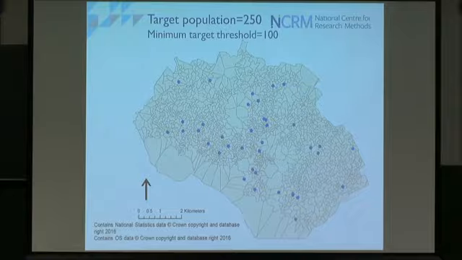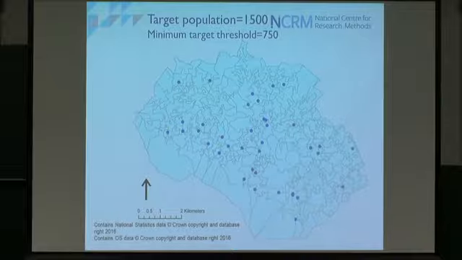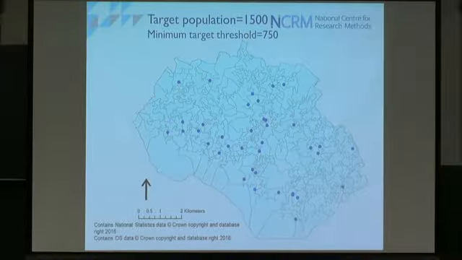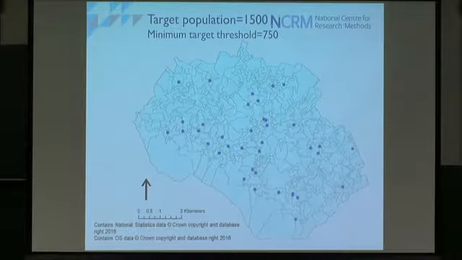Then we gradually increase to a target population of 750 and then 1,500, and you can see that our number of blocks decreases greatly, especially between those two.